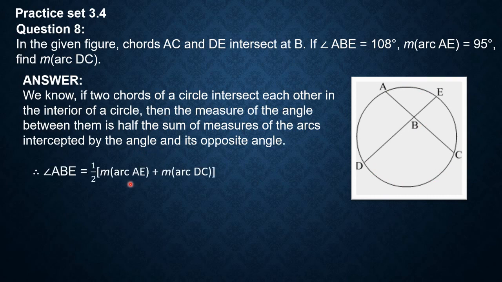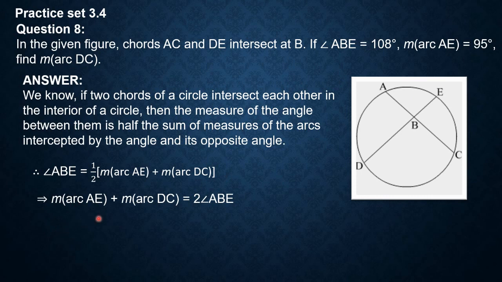If I take the 2 to the other side, it gets multiplied by angle ABE. So we are left with measure arc AE plus measure arc DC is equal to 2 into angle ABE. Measure arc AE is given in the question, that is 95 degree, so I've substituted 95.